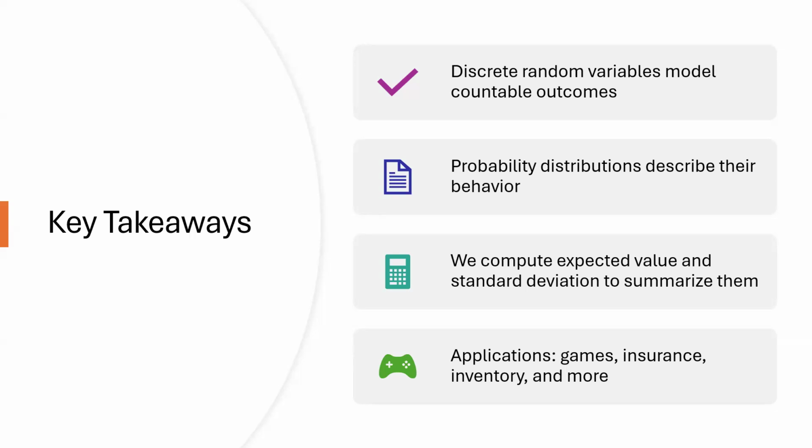These tools allow businesses to make data-informed decisions, from how much stock to order to how to price policies to how to predict customer behavior. And as you've seen, the same math that describes coin flips and insurance also underlies the logic of how you manage your fantasy league or guess how many Marvel movies someone has seen. These models help us reason with uncertainty, which is the heart of statistics.